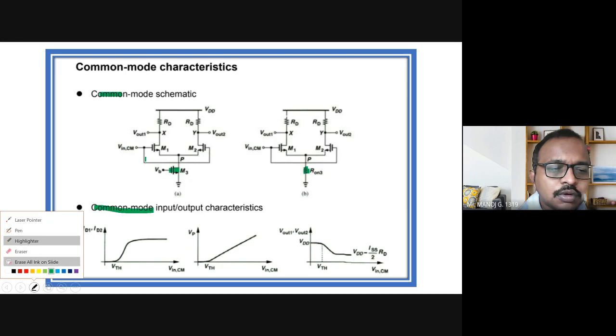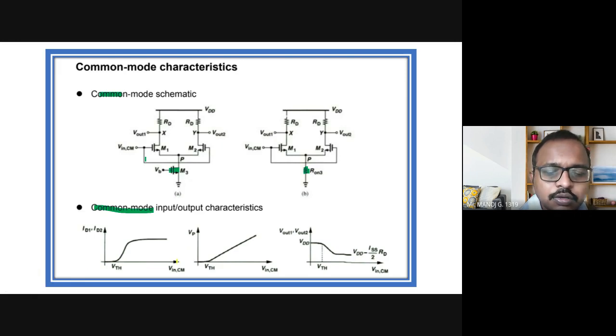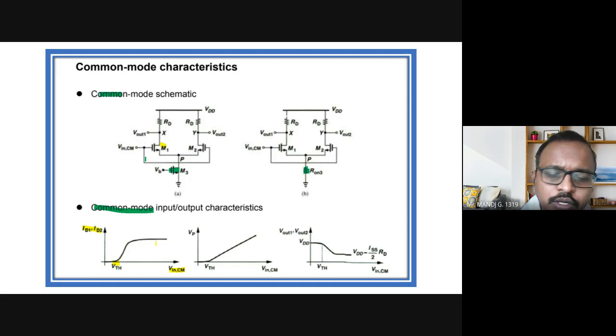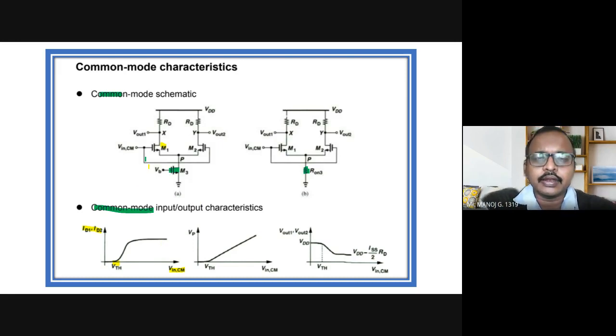You have your common mode input, and you have output with respect to current, that is ID1 with respect to M1 transistor, and ID2 with respect to M2 transistor. When you plot it, it is obviously going to be above the threshold voltage only that the device is going to work. There is one more important thing which I want to tell you, VP.